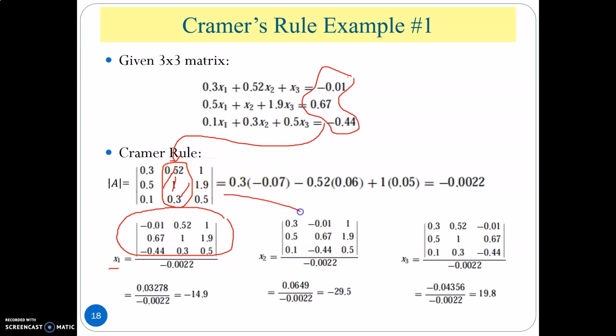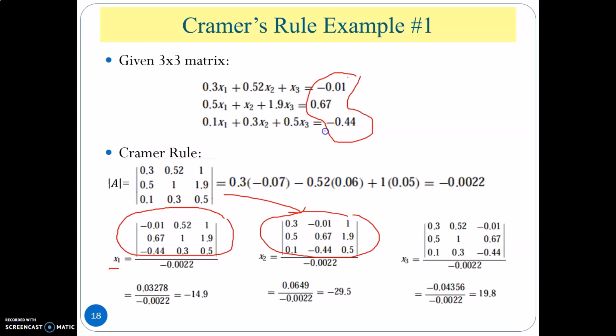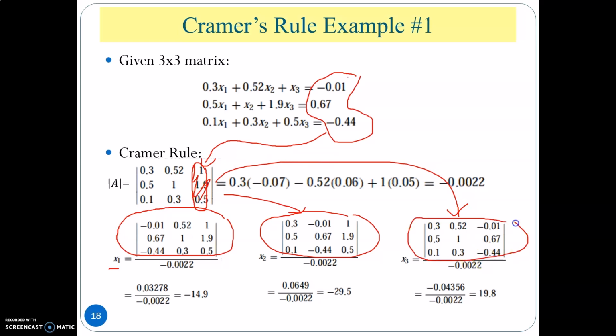Then you should be able to obtain this component. Lastly, substitute this into the third column, and by computing the determinant and dividing by the determinant of A here, you should be able to obtain the answers for x1, x2, x3 respectively.